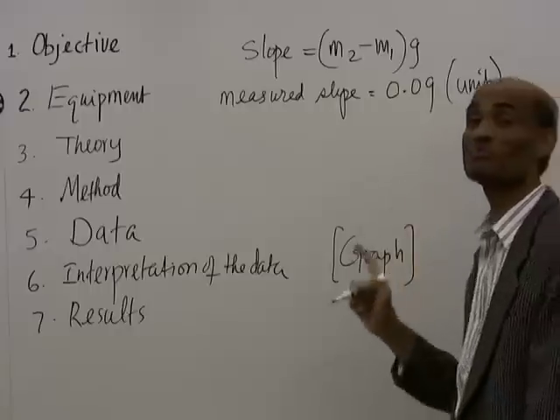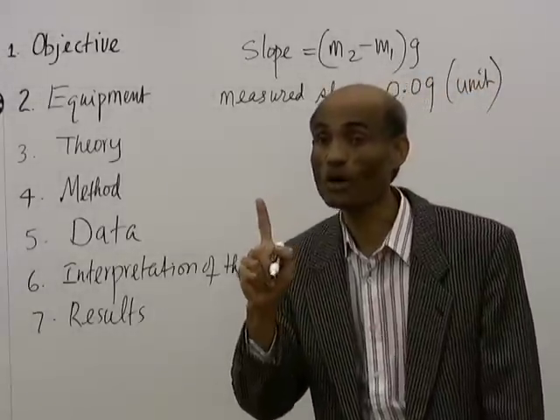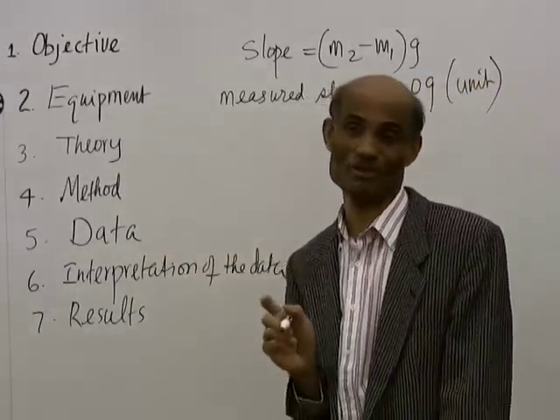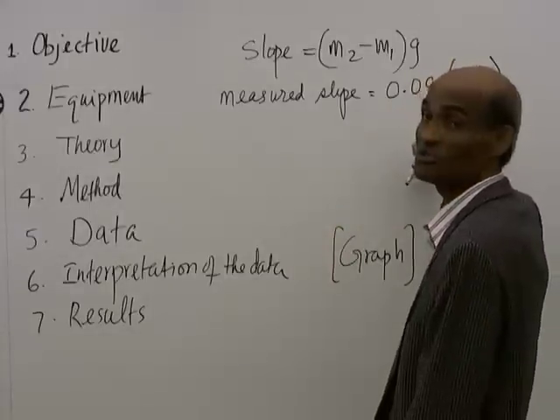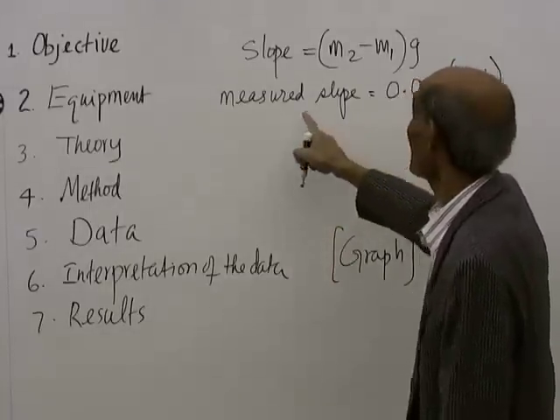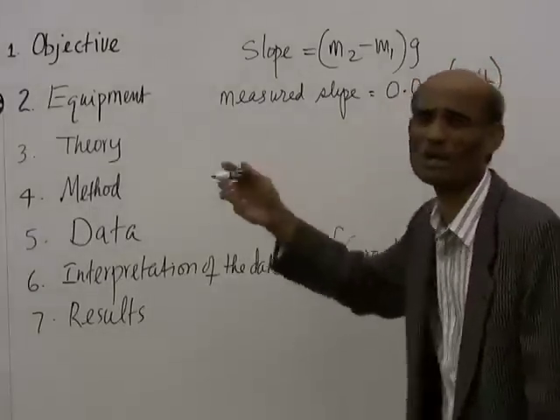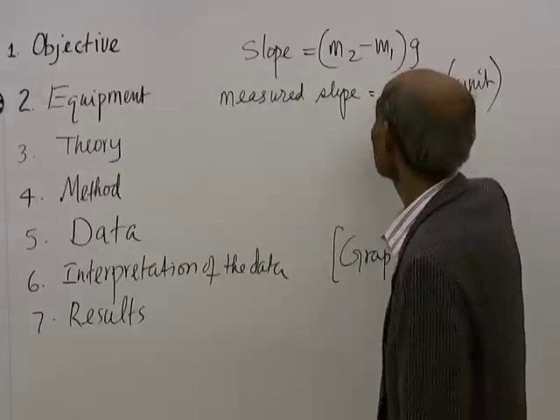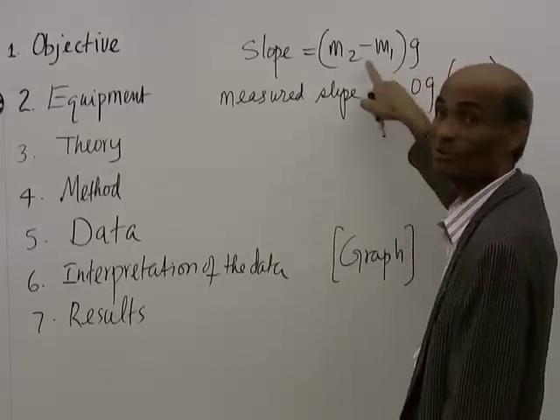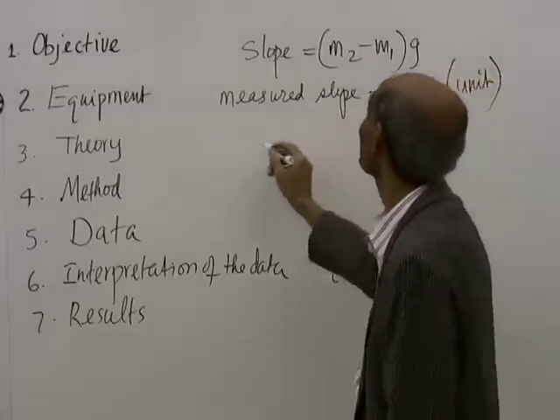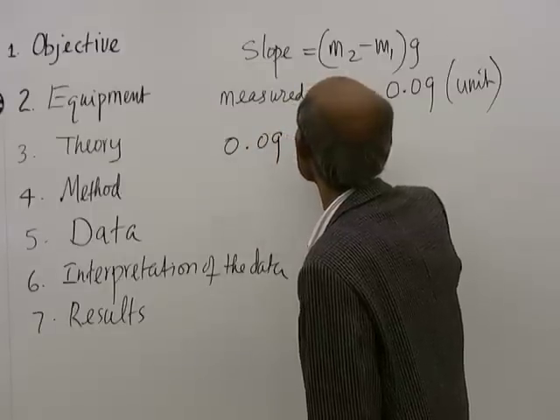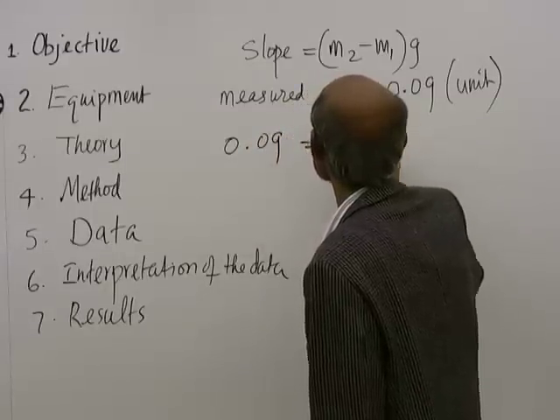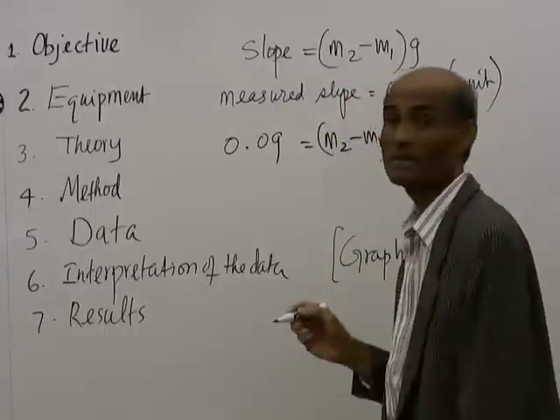If that unit is missing, you will lose 0.1 of a point. Alright? 1/10 of a point for each unit missing. Alright? Measured slope is, suppose, I'm giving you a figure. So you must now take this value and set it equal to this. So 0.09 equal to (m2 minus m1) times g.